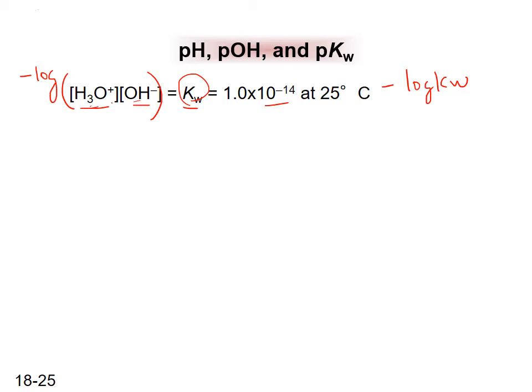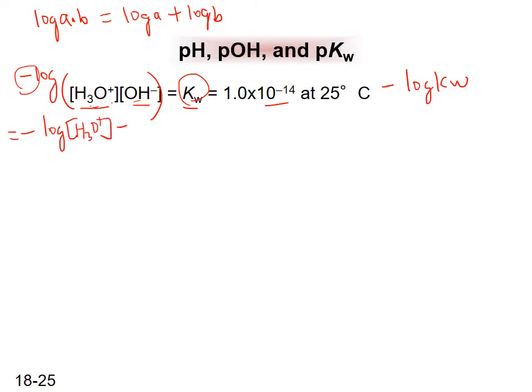In math, log of A times B can be separated into log A plus log B. So the left side, with the negative sign, can be written as negative log hydronium ion concentration minus log hydroxide concentration.